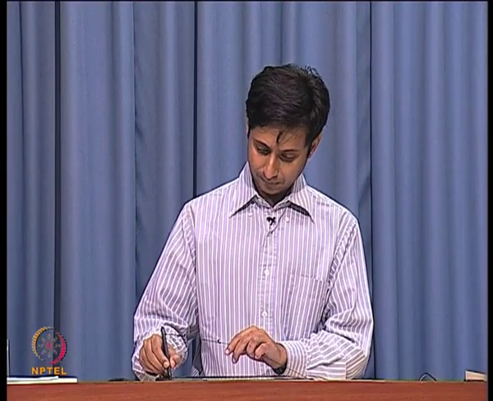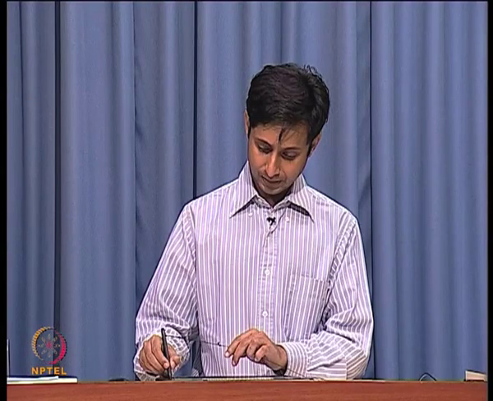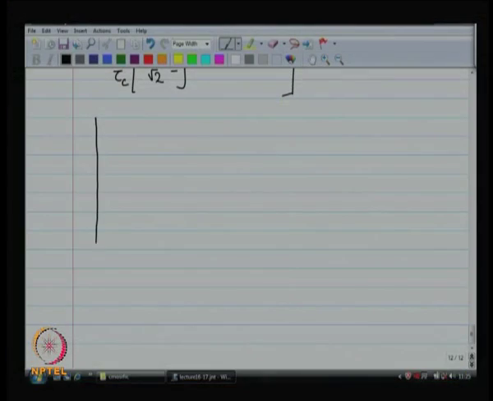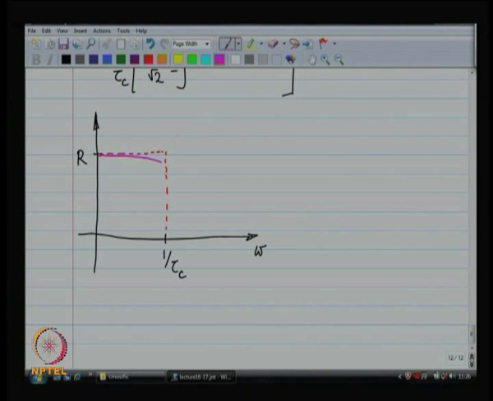It so happens that when you actually plot the magnitude response of this function, okay, the earlier function, if I plot the magnitude response of the earlier function, it was something like this.